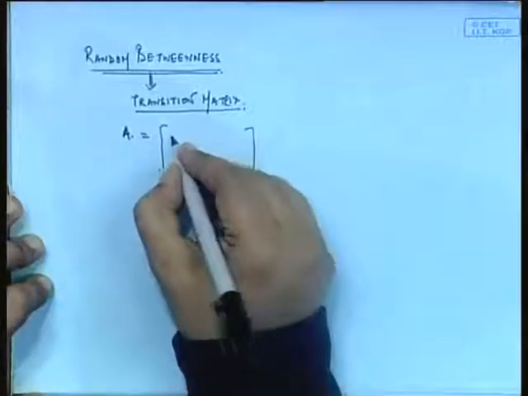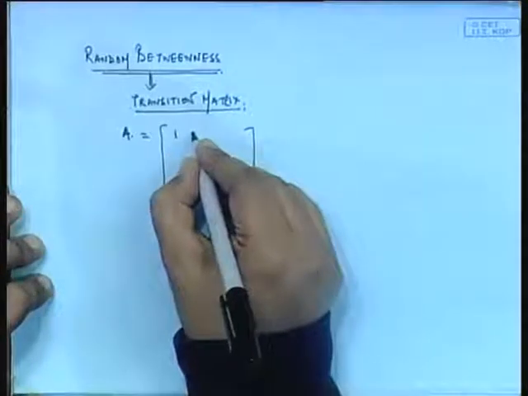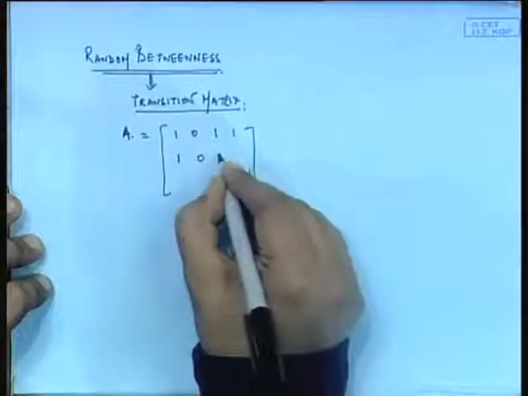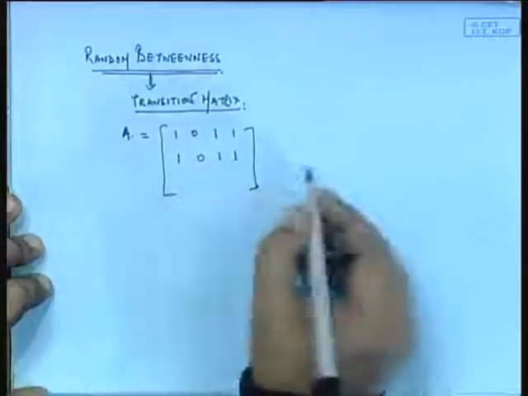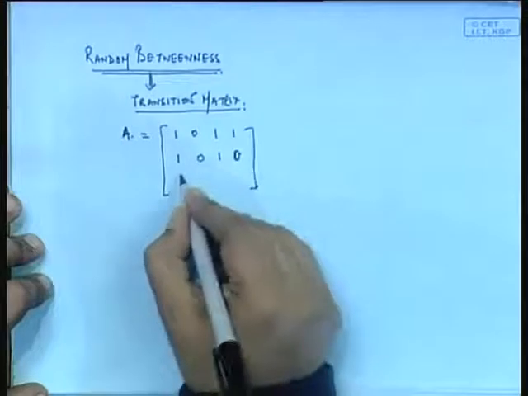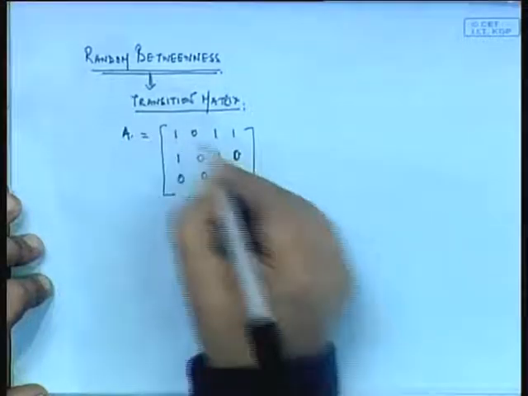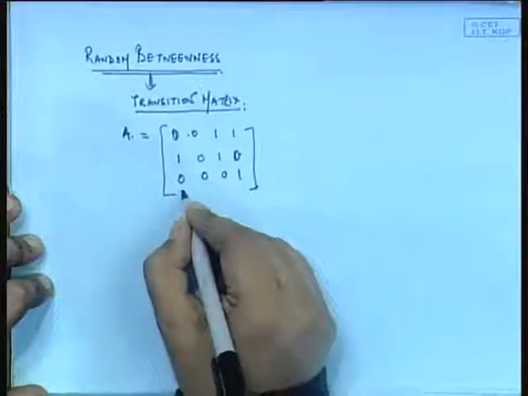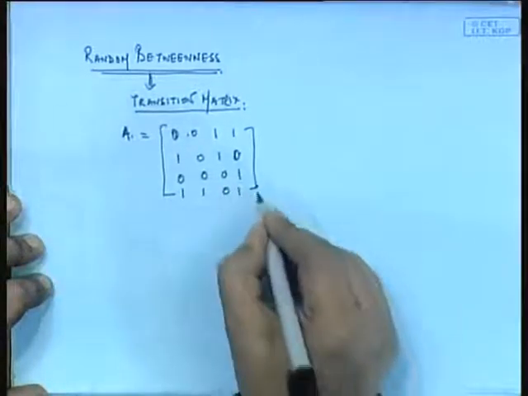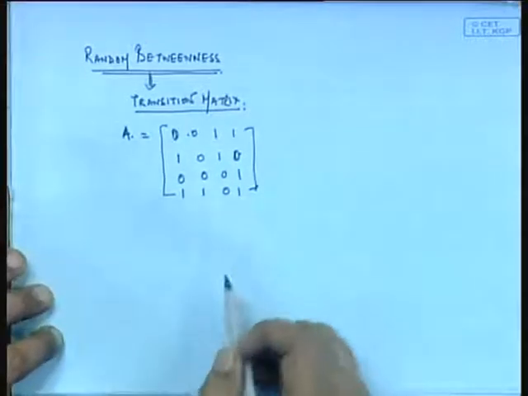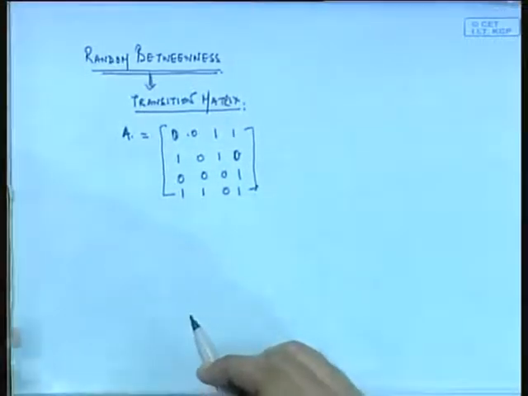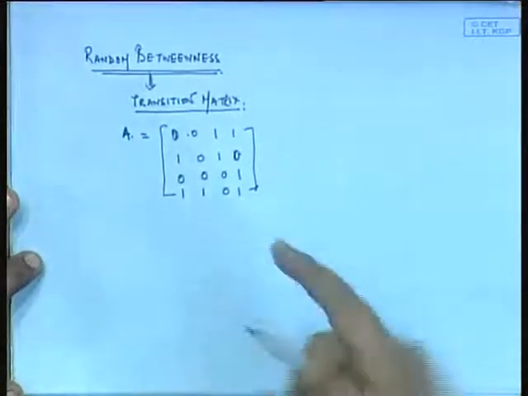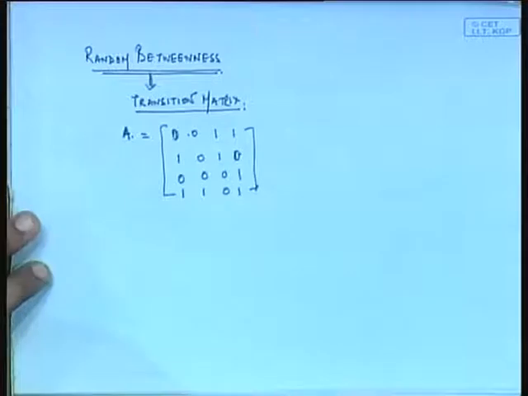So say I have 1, 0, 1, 1. Okay, I take a bad example. I don't take a symmetric example, but anyway, it doesn't really matter.